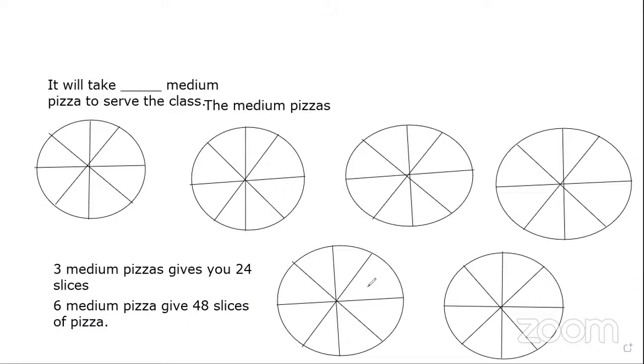We cannot buy 40 slices of pizza or 5 medium pizza because 2 students will be left without pizza. Do you follow? We can further do this here. We can do it like this, 8 slices, 16 slices and so on. I can do that labeling afterwards.